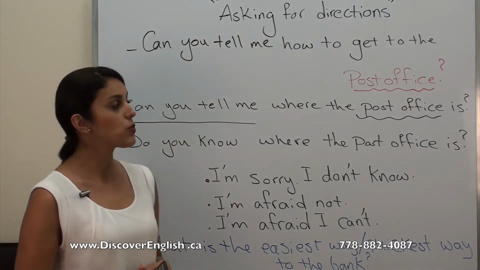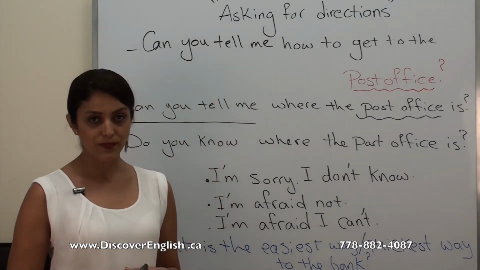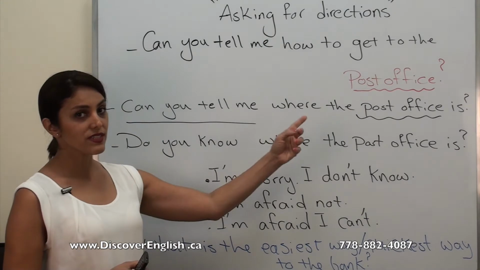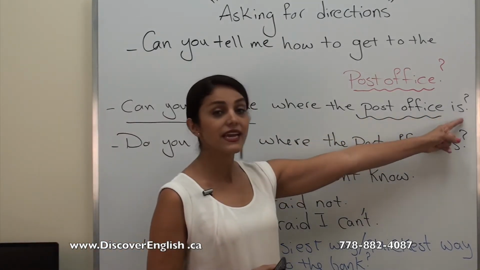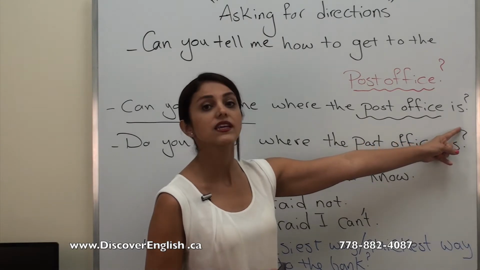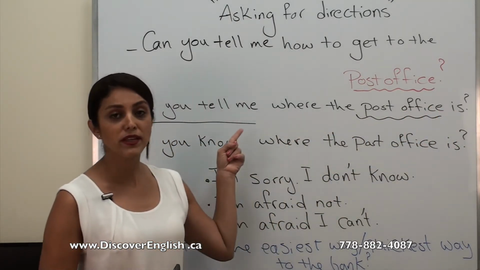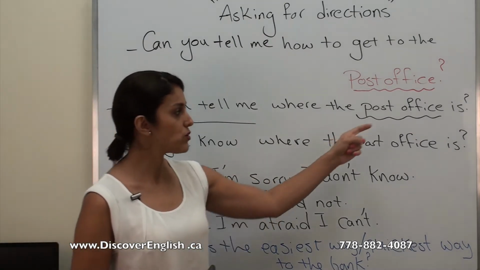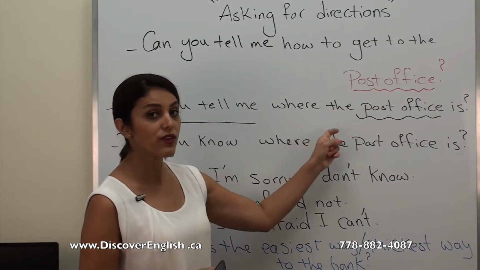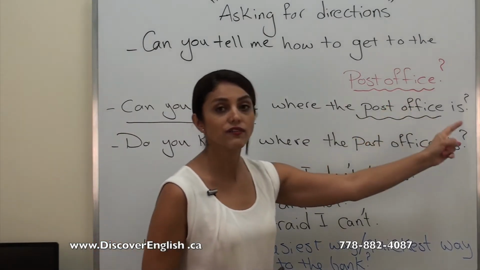Or, can you tell me where the post office is? Look at the form of the sentence. Can you tell me where the post office is? You have to put "is" here. We call it an embedded question or indirect question, right? So you don't have to say "where is the post office." You have to say "where the post office is."